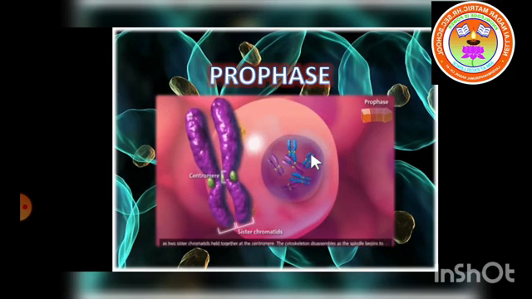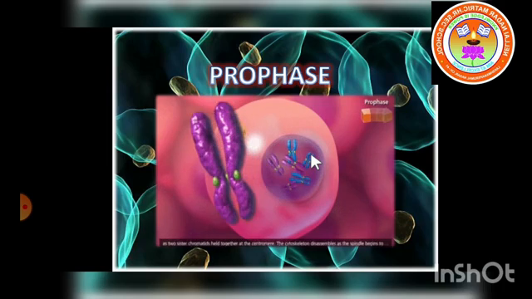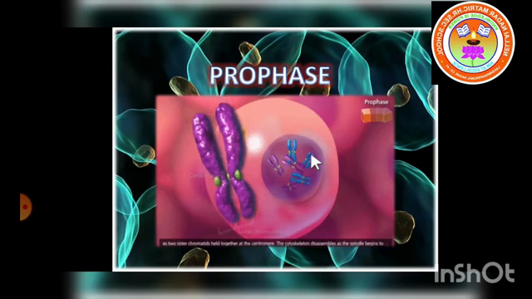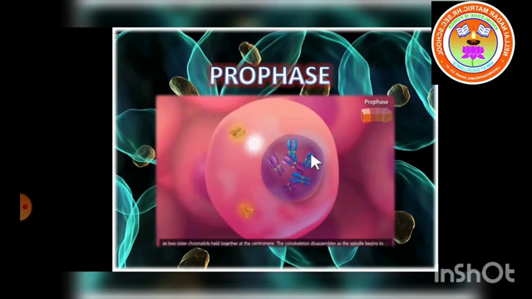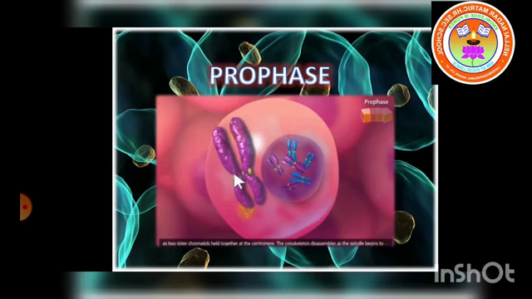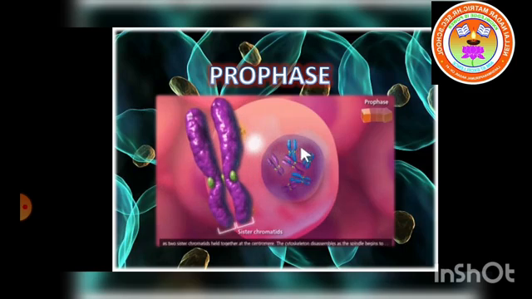What is prophase? Pro means first. During this stage, chromosomes become shorter and thick. Can you see the chromosomes here? They become shorter and thick, and they are clearly visible inside the nucleus.